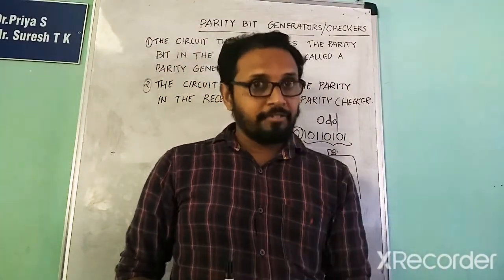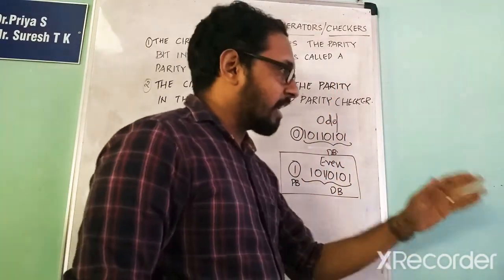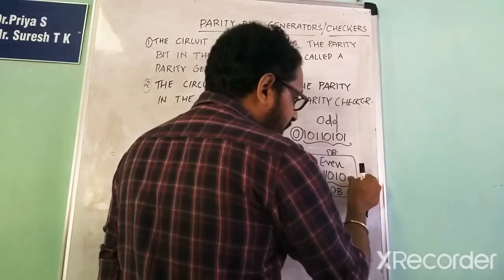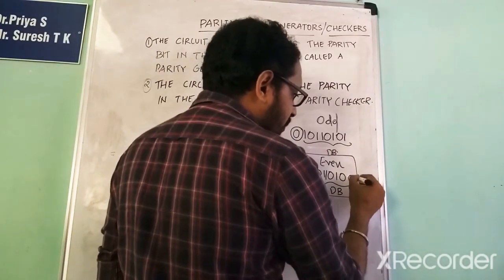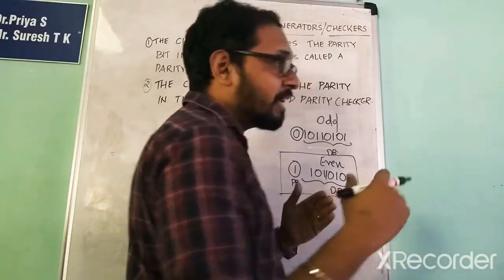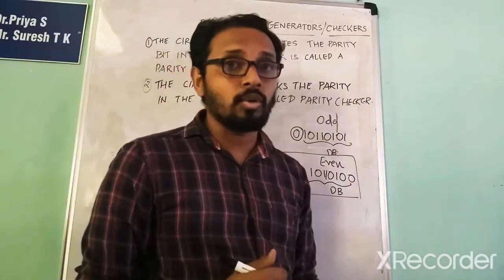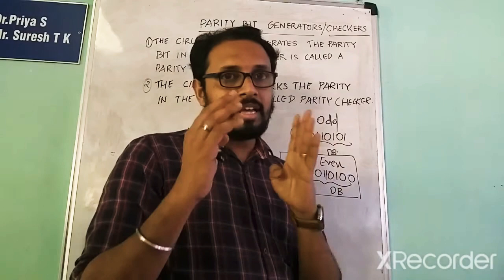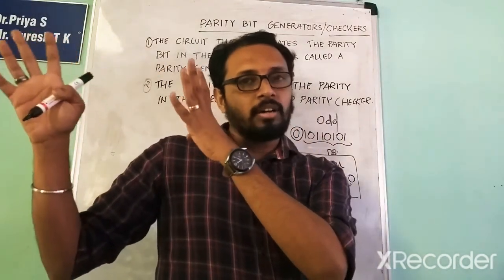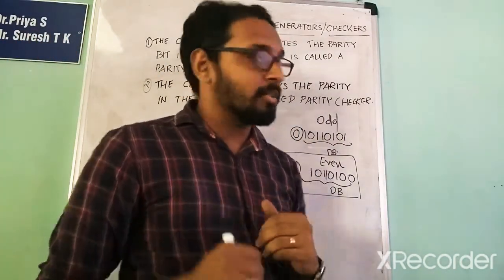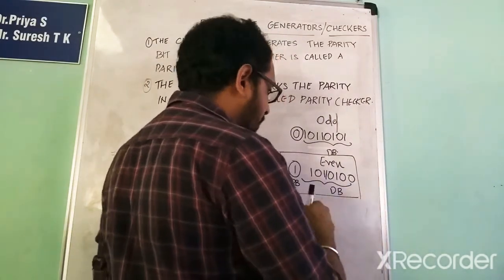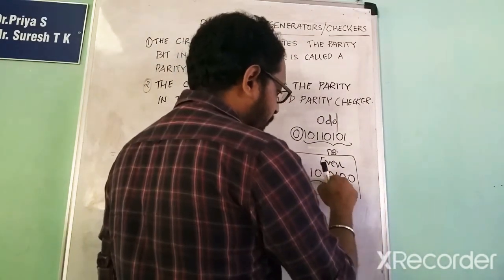That's if the data is sent correctly. For example, if this particular data has changed due to noise, from 1 to 0, and this is received at the receiving end, where there was an agreement that it's an even parity bit concept, the receiver checks how many ones there are including the parity bit: 1 2 3 4 5.